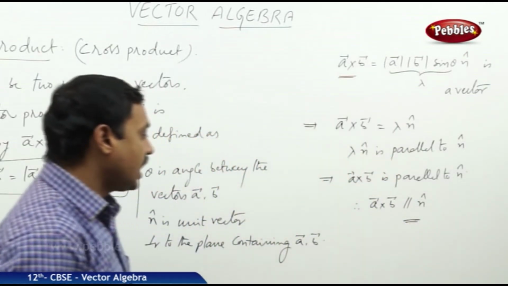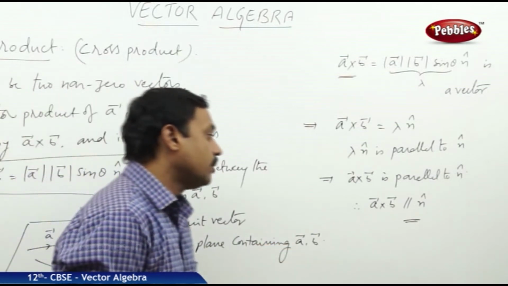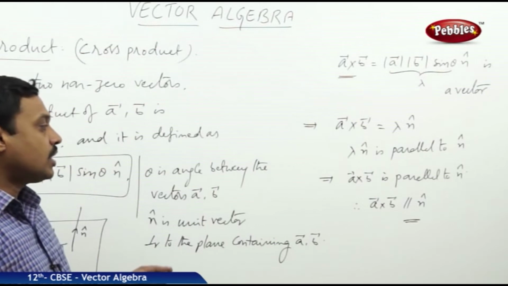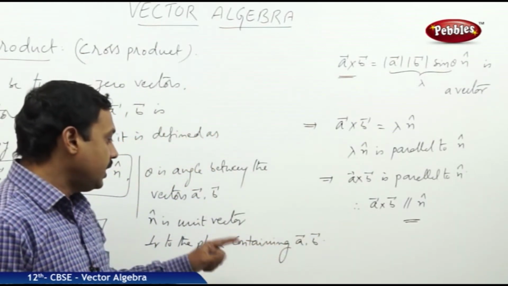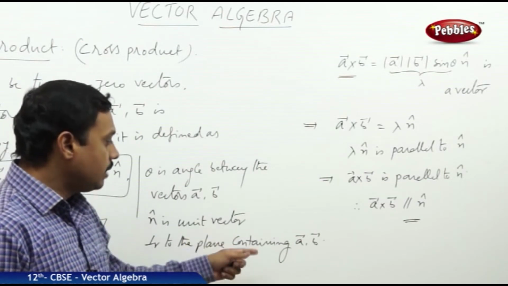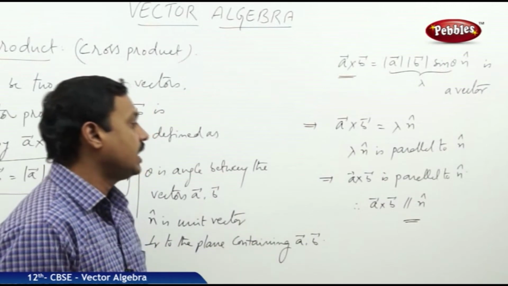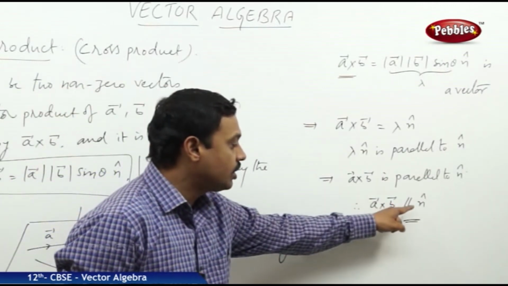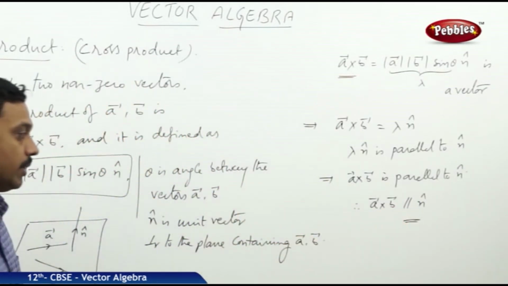But what is n cap? It is the unit vector perpendicular to the plane containing A and B. So finally we can conclude that the cross product or vector product of two vectors is always perpendicular to A and B, or perpendicular to the plane containing A and B, as well as parallel to the unit vector n cap perpendicular to that plane.